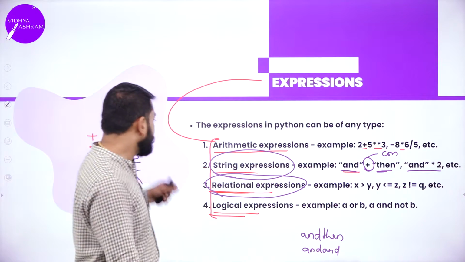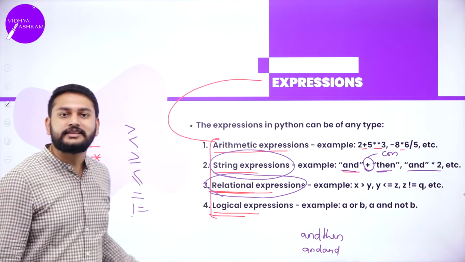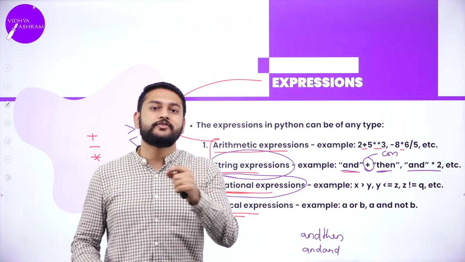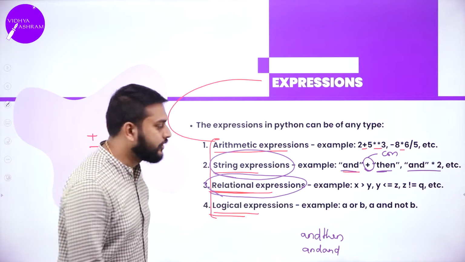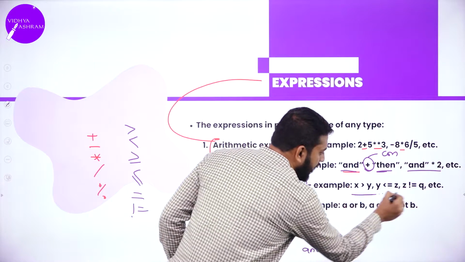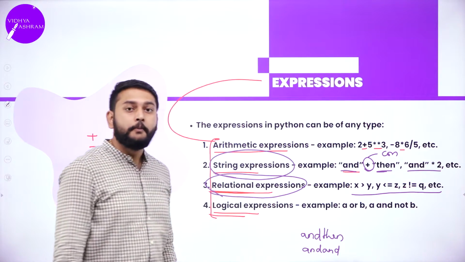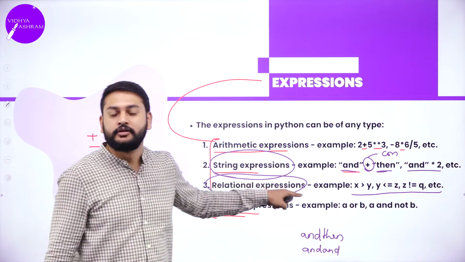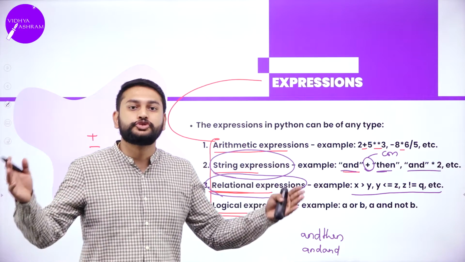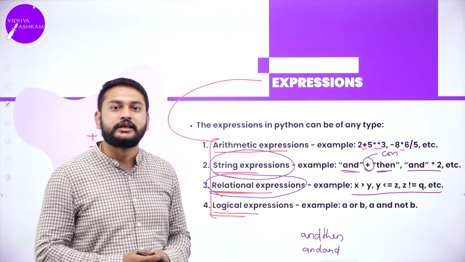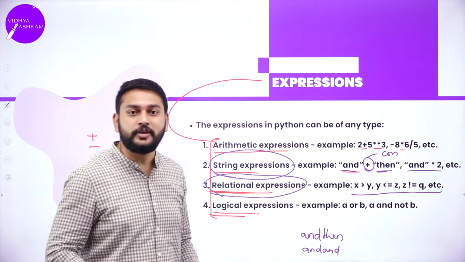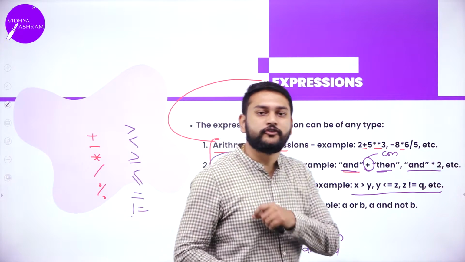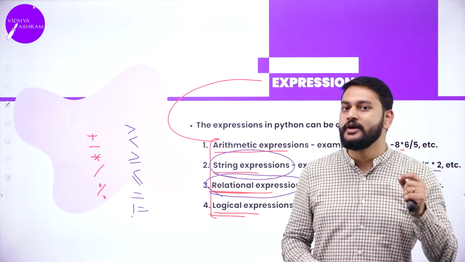So guys, if I am using these operators in my expressions, then I will be calling it a relational expression. Please observe here, that's what I have used here. But it will be giving me the result in the form of true or false. If I am using relational expressions, the result will be in the form of true or false. That is what you have to understand.